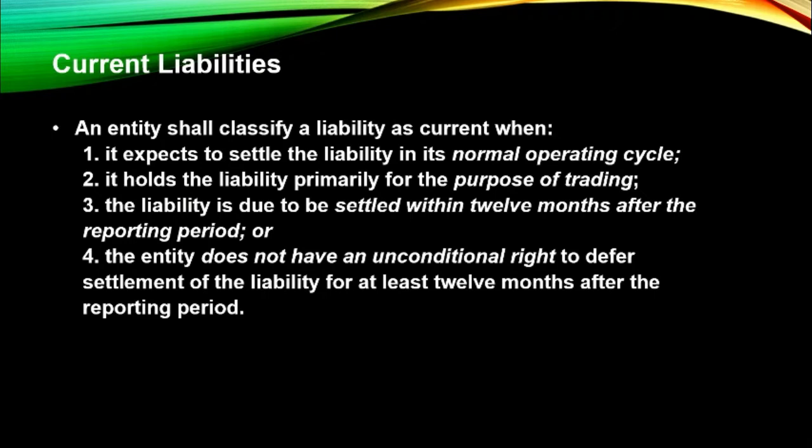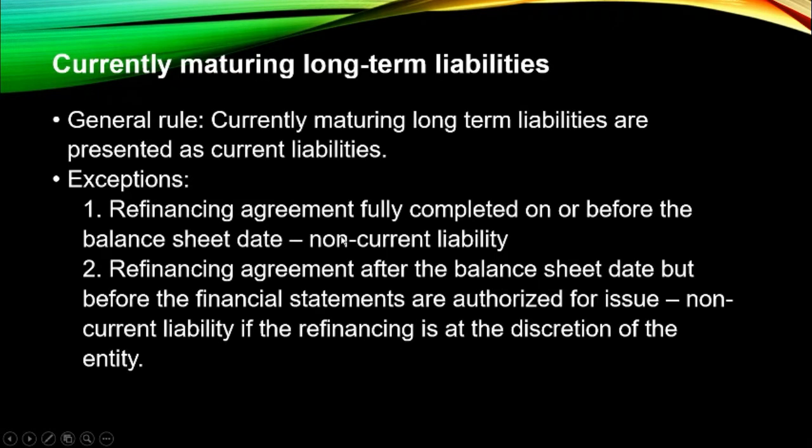And then this liability should be settled within 12 months, and the entity does not have an unconditional right. So there is no unconditional right, or to say, there is no restriction as to the payment of the liability, which is within 12 months.